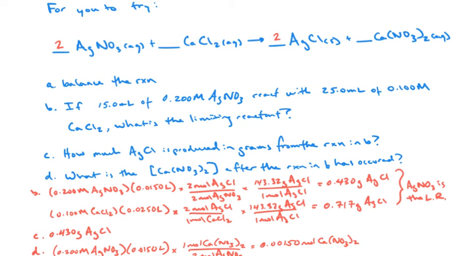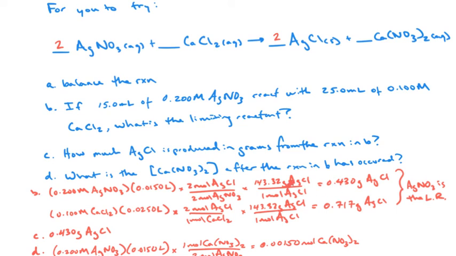So try these, and we'll see how you do. Okay, running through these real quickly. If we take our information from B, we set up two stoichiometry problems: molarity times volume to give our initial moles, times the mole ratios, and then times the molar mass of AgCl. AgCl is the one I would pick since that's what C is asking about. With the first one, we would get 0.430 grams of AgCl, and with the second one, we would get 0.717 grams of AgCl.